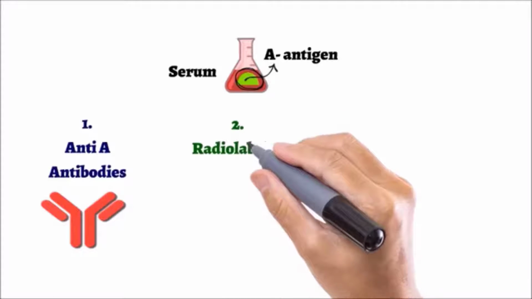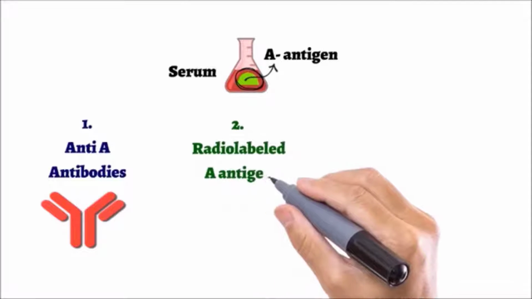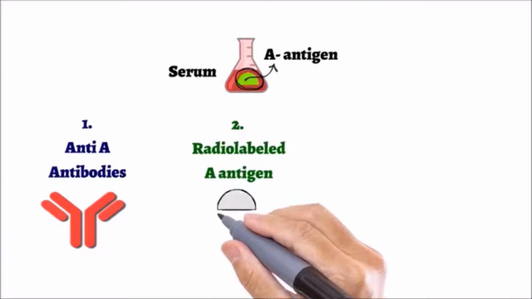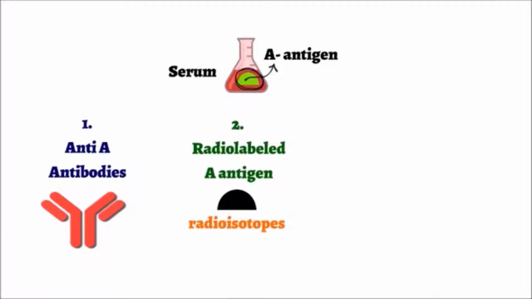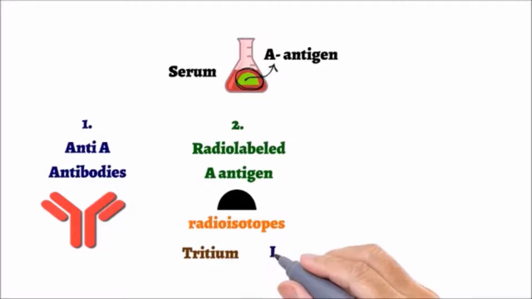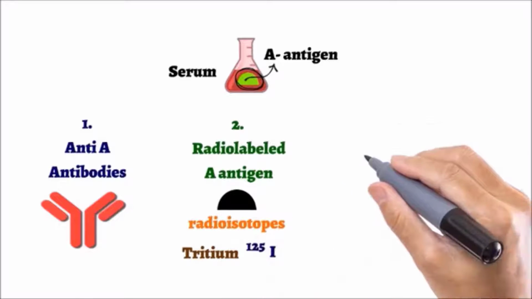Second thing is radio-labeled A antigen, means some part of this antigen is made up of radioisotopes so that they can emit radiations like gamma or beta. Generally, heavy isotopes of hydrogen, that is tritium, or iodine 125 is used for this.